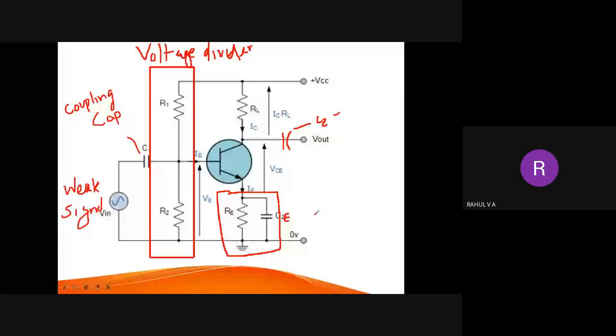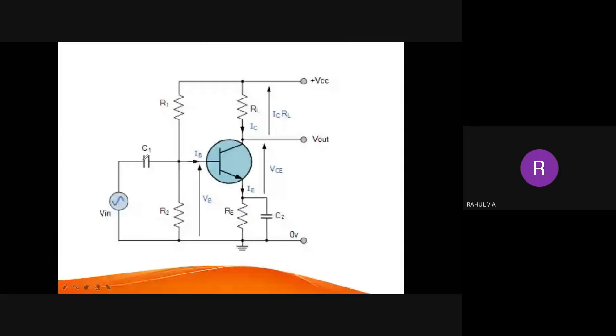There is an NPN transistor in the middle of this circuit. The input is connected to the C1 capacitor, the coupling capacitor. From the coupling capacitor, we connect to the base of the transistor. To the base, we have one more connection, the voltage divider circuit, where the top is connected to VCC, which is a DC voltage.